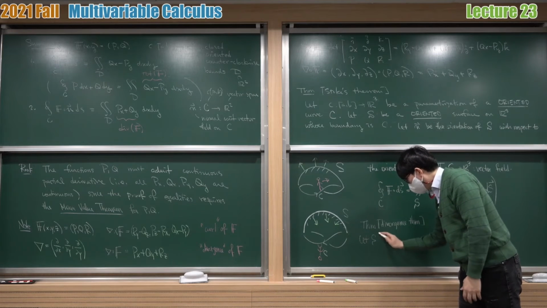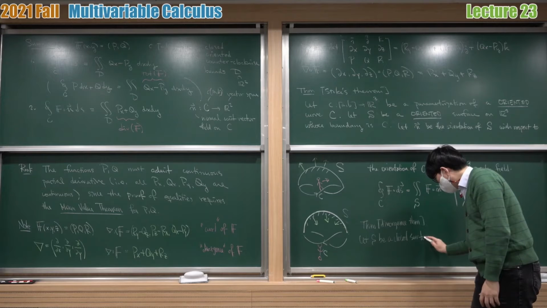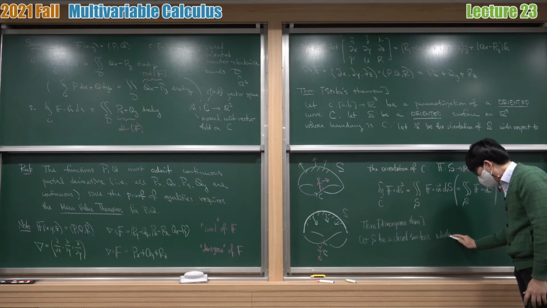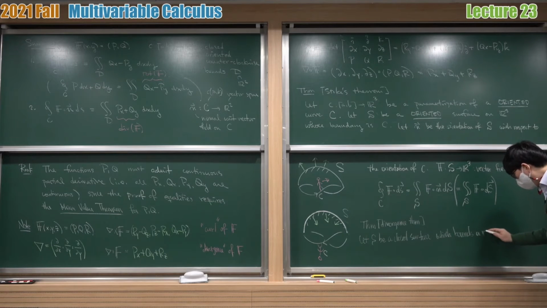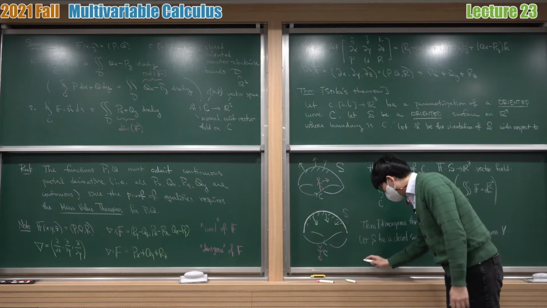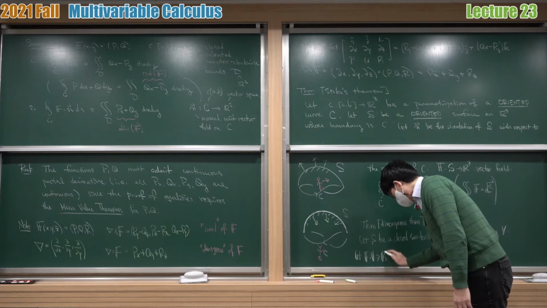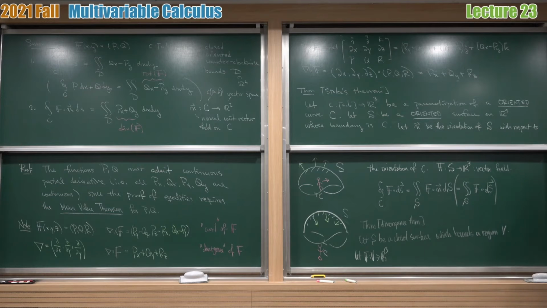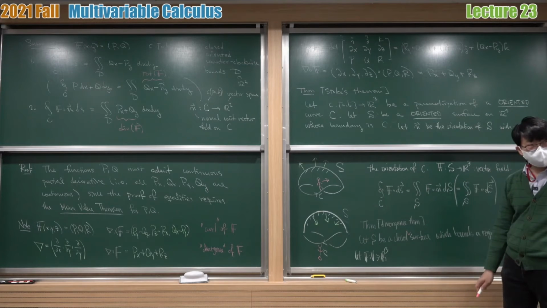So let S be a closed surface which bounds a region, let's say V. Also let F from V to R3 be a vector field defined inside of this volume that's bounded by the surface S. And I'm going to assume this S is also an oriented surface.